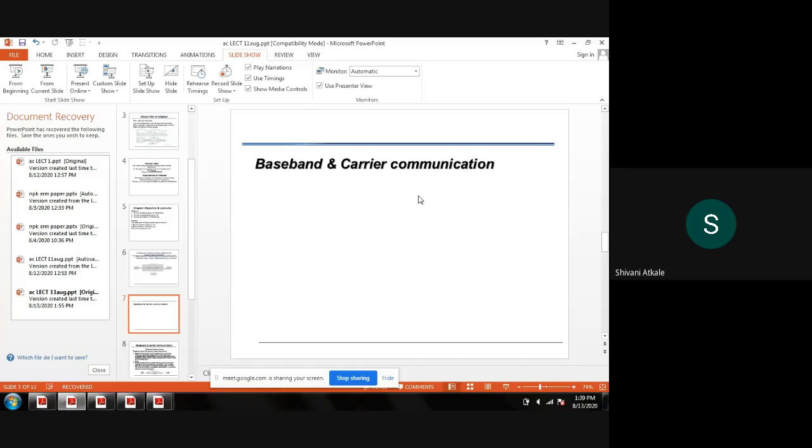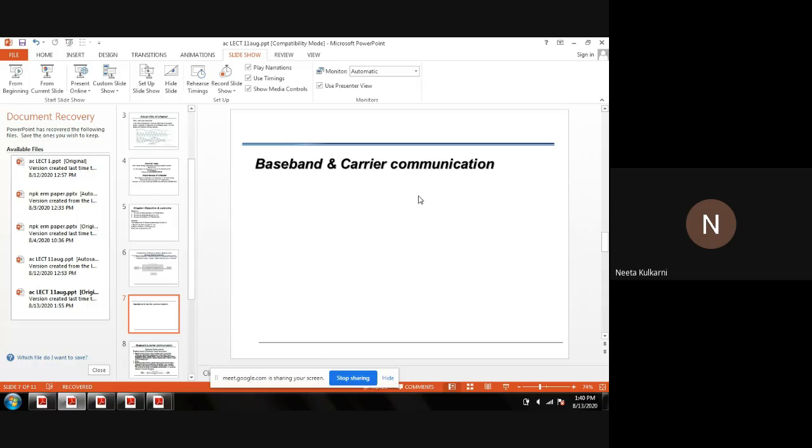In baseband communication, the signal is without modulation, and in carrier communication, the signal is with modulation. Okay, any other answer? Okay, so that is correct. Baseband signal means modulating signal.